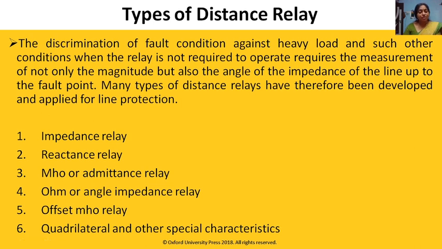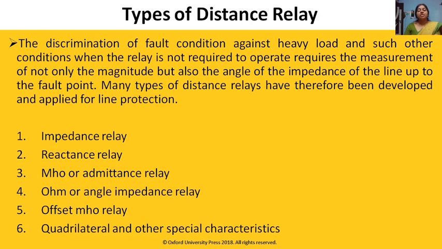The discrimination of fault condition against heavy load and such other conditions, when the relay is not required to operate, requires the measurement of not only the magnitude but also the angle of impedance of the line up to the fault point.